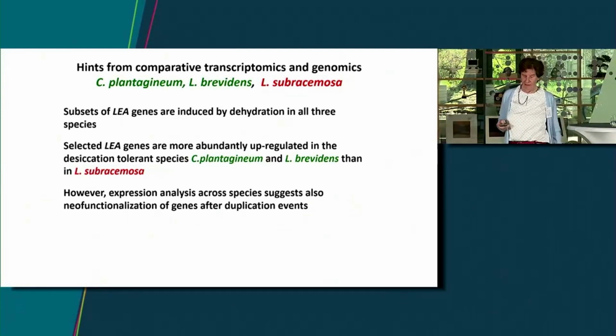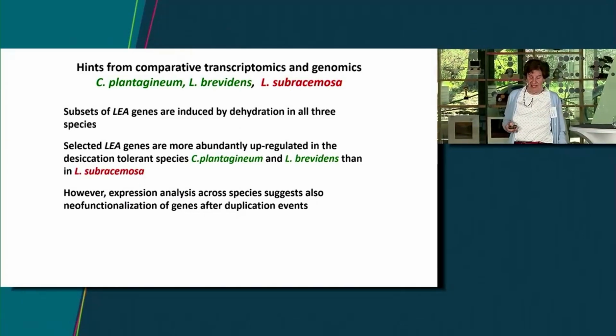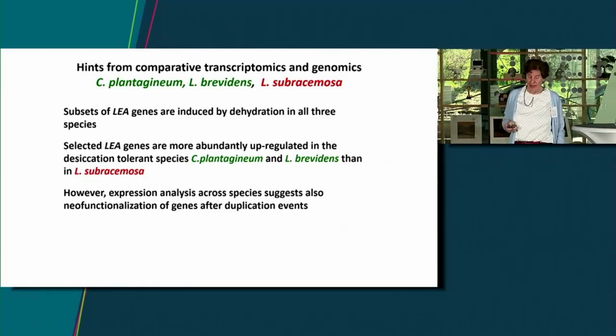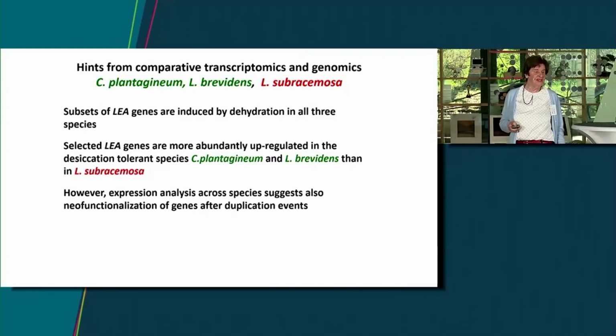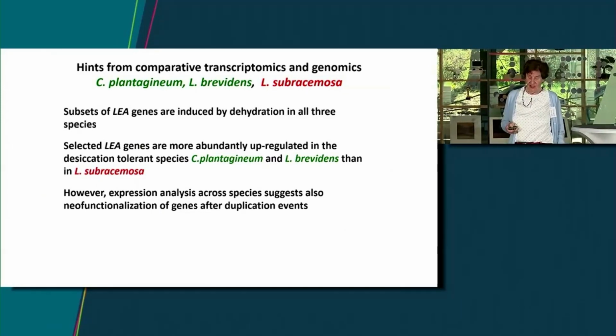So that is one of the messages. But are there differences? Yes, there are differences. Namely, selected Lea genes are much more abundantly upregulated in the desiccation-tolerant species, Craterostigma and Lindernia brevidens, compared to the non-desiccation-tolerant one.